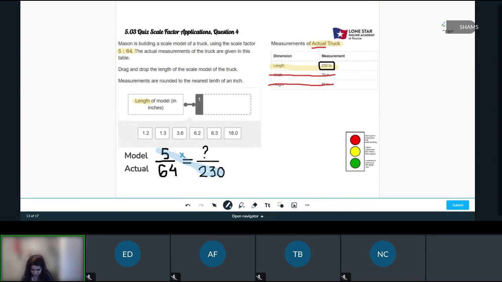Multiply and then divide. Let's see. 5 times 230 is 1,150. Is that what you all got? 1,150. And then, last step, we will divide by 64.